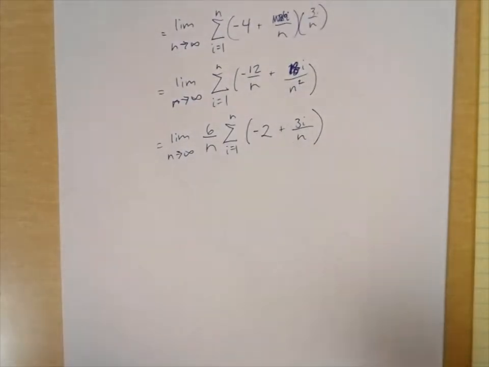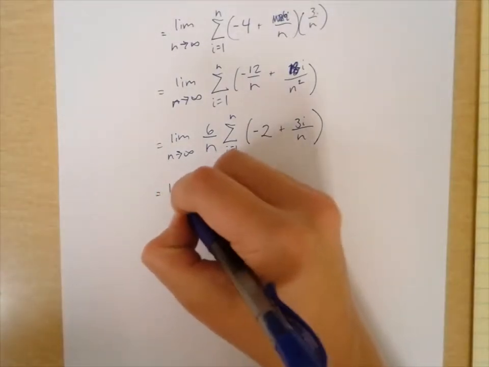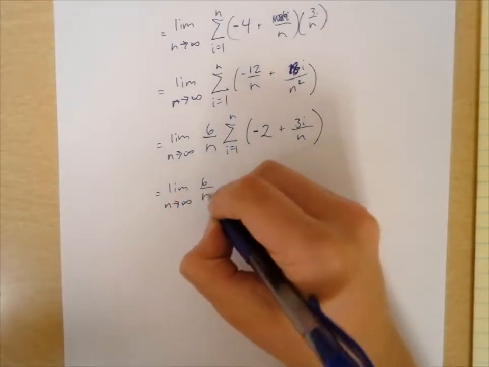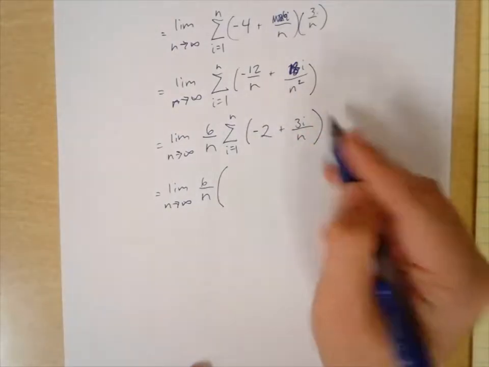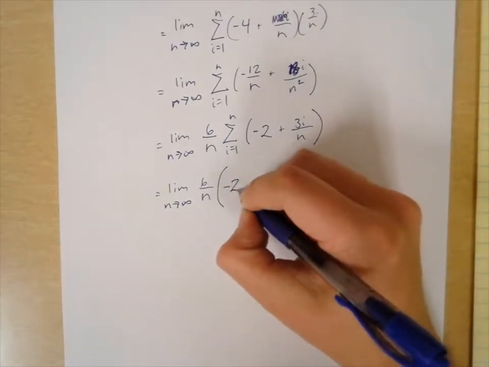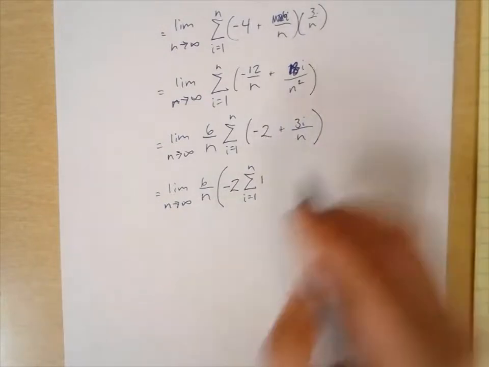Now is when things get kind of interesting. I can take out my constants, and I can do the summation of each individual thing. So I'm going to be left with everything that's on the outside right now, that's still there. But now I'm going to take the summation of each individual thing. So I'm going to take the summation of negative 2 on the outside of 1.